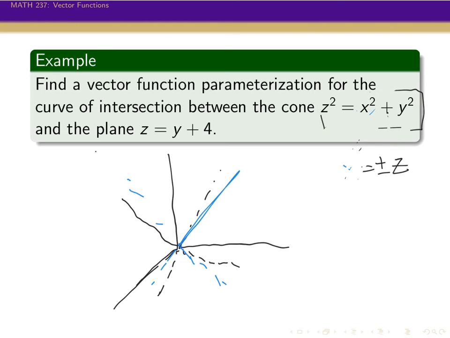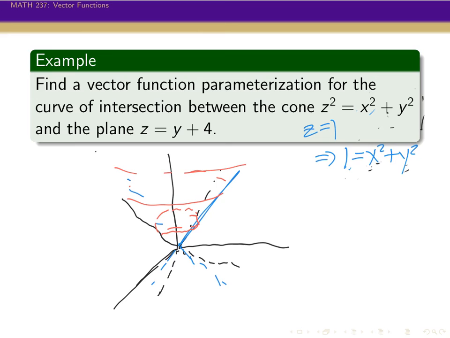If I set z to be 1, then I have 1 squared, which is 1, equal to x squared plus y squared. That's giving me a circle of radius 1. And so it's coming around as a circle there.